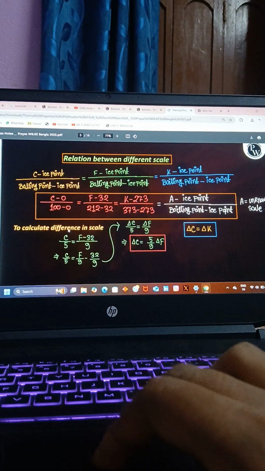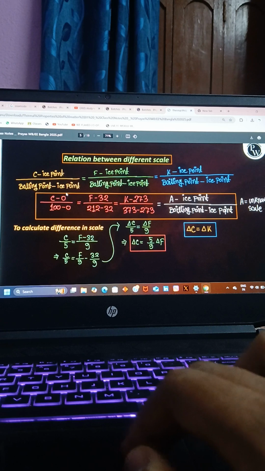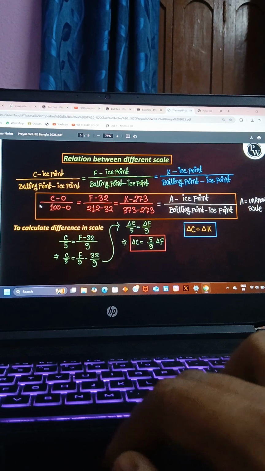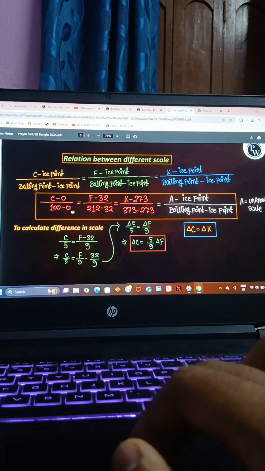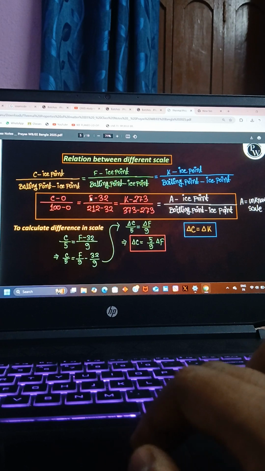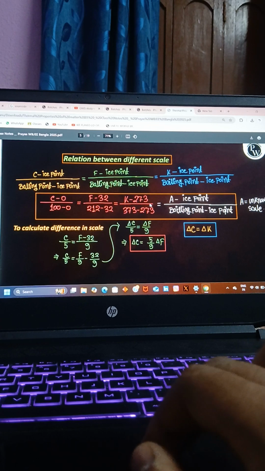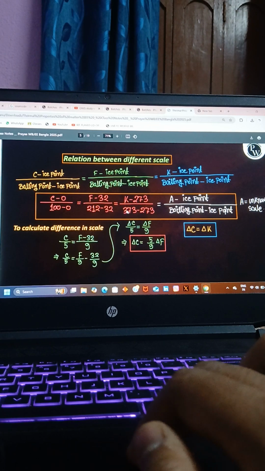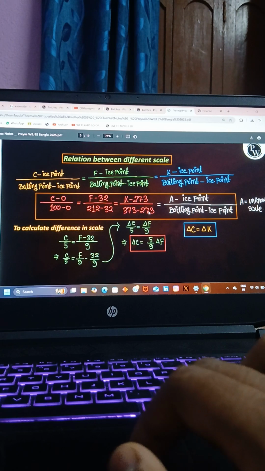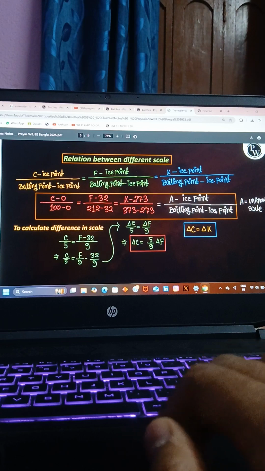To calculate the difference in scale: C minus the ice point of Celsius, which is 0, over the boiling point of Celsius, 100, minus 0, equals F minus 32 over 212 minus 32, equals K minus 273 over 373 minus 273, equals X minus ice point divided by boiling point minus ice point.